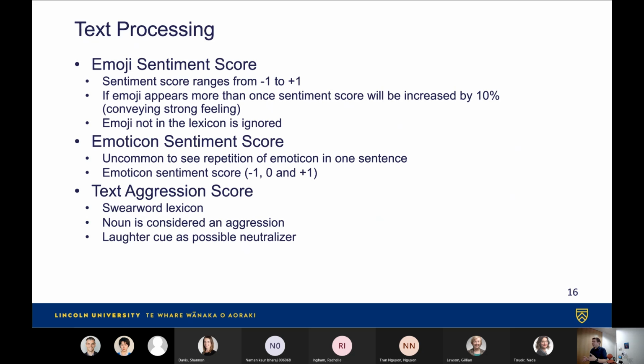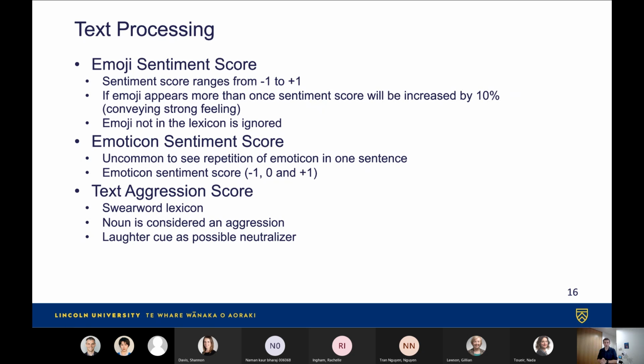All of those emojis have a ranking and a sentiment score, so they can be a positive or a negative thing. And in the same way that with letters being repeated in words to enhance the meaning, people will often repeat emoticons to enhance things. So what we're doing is going through scoring those emojis, and where there are repeated emojis, we're actually adding extra weight to that.